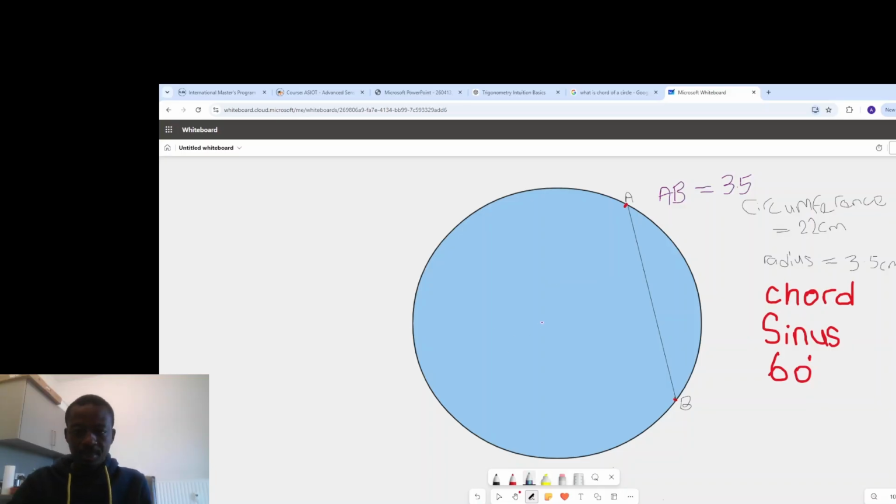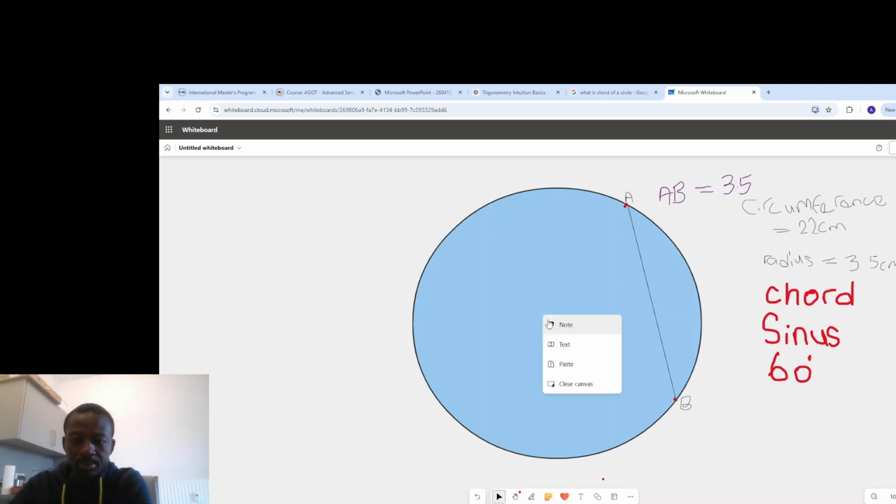And what they discovered was that if you draw a line from the center to connect this chord, at the point of intersection, it forms a right angle.